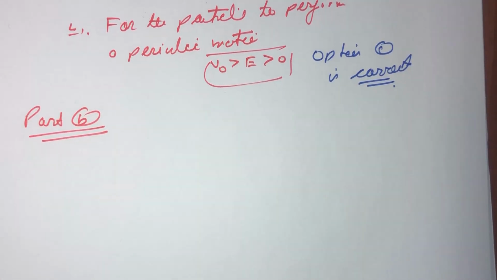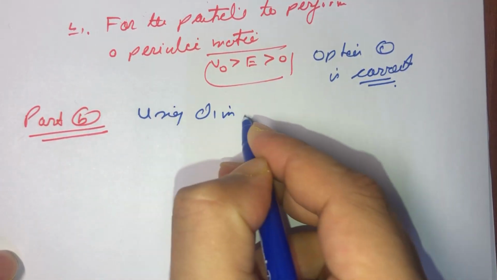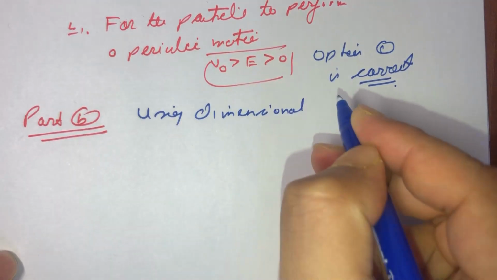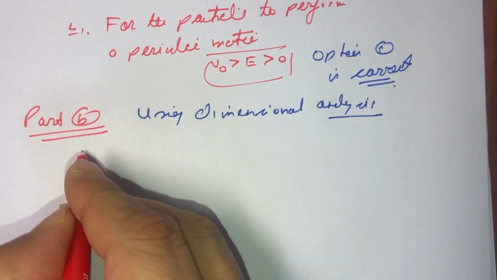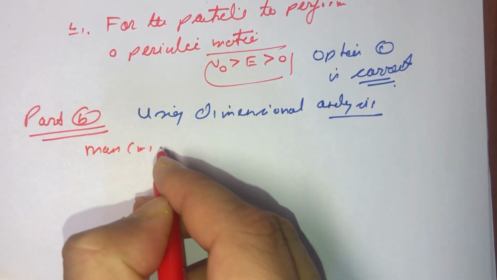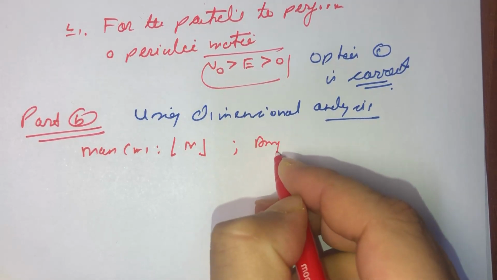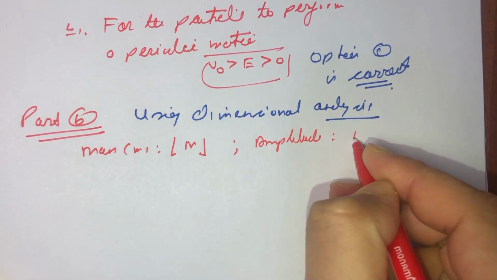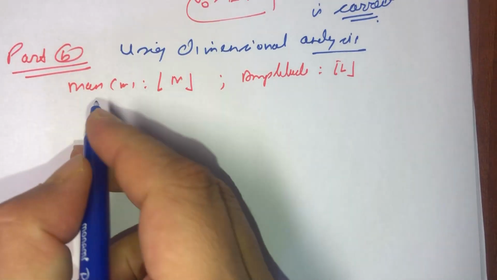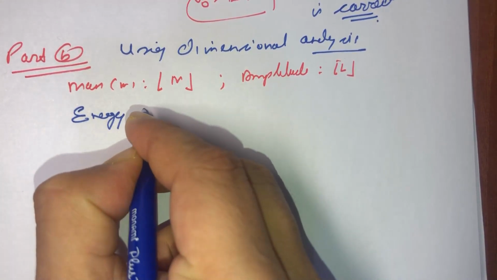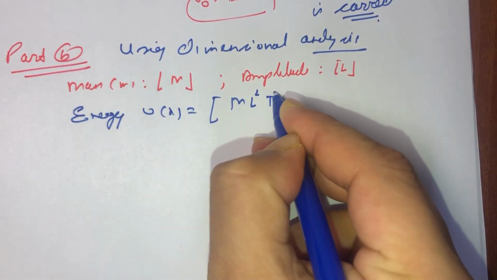Okay, so let us start with part B. So we say using dimensional analysis, mass m is represented as capital M, and amplitude A is represented as length L, and energy, that is V of x, is represented as M L squared T minus 2.